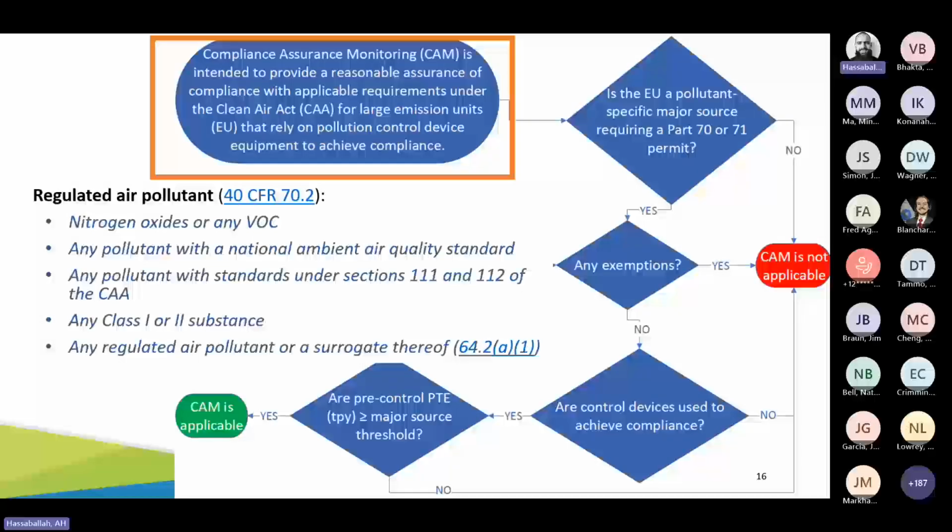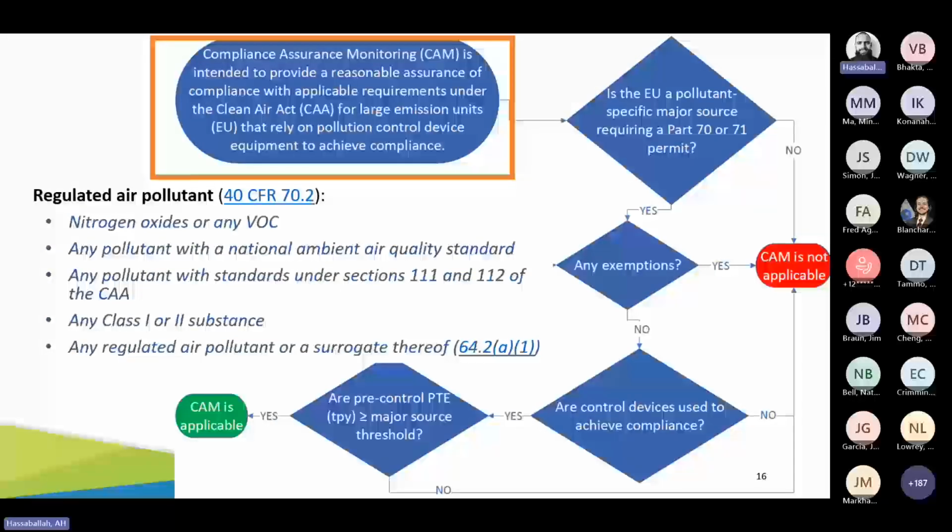It also includes the criteria pollutants with National Ambient Air Quality Standards, your NAAQS, any pollutant from section 111, 112, your HAPs, class 1 or 2 substances. These are your stratospheric ozone protection chemicals, your chlorofluorocarbons, and so on.